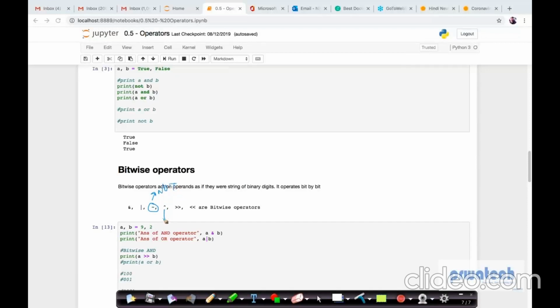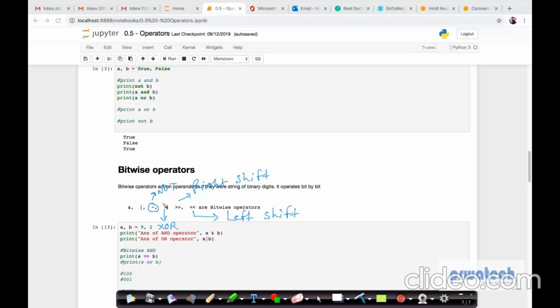This is a bitwise XOR operator. This is the right shifting, and this is the left shifting. So these are just the signs of your operators. We'll see all of them one by one, how every single operator is working.